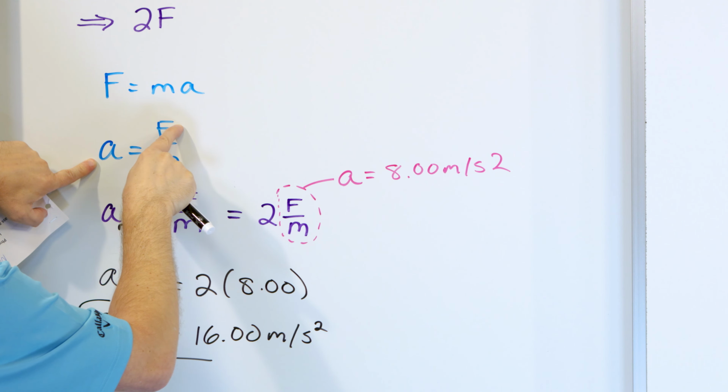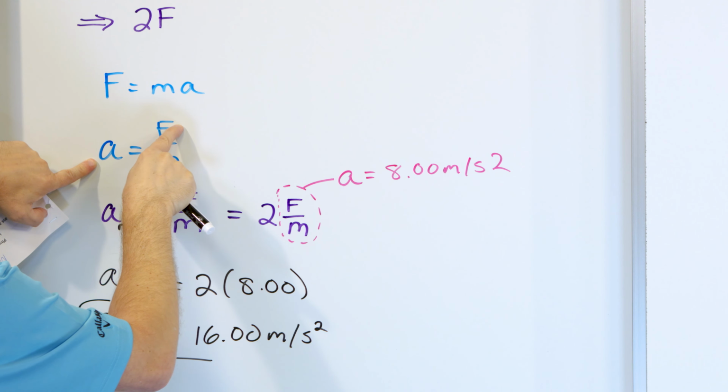So the new acceleration is 2 times the force over 2 times the mass. Notice that I have 2 on the top and 2 on the bottom, so these can cancel, and the acceleration is just F over m.